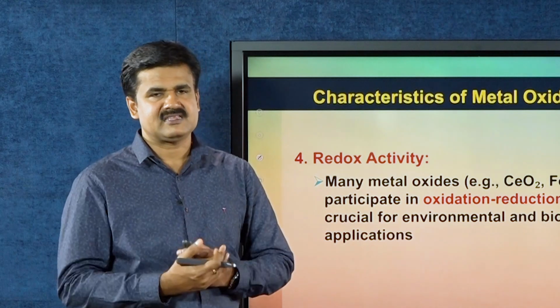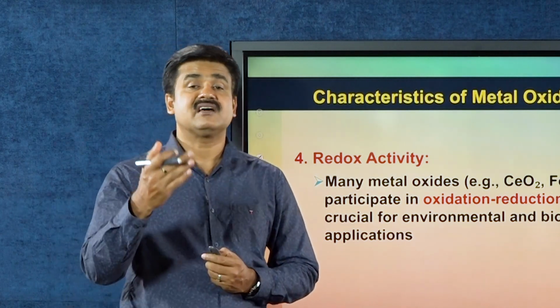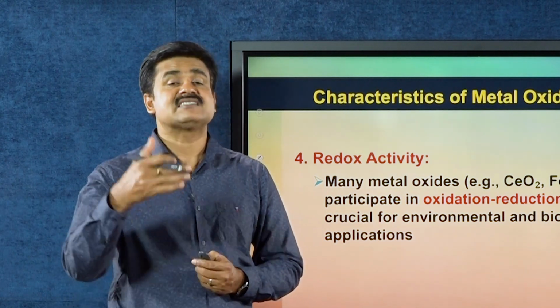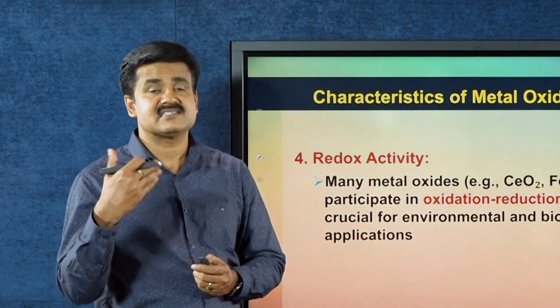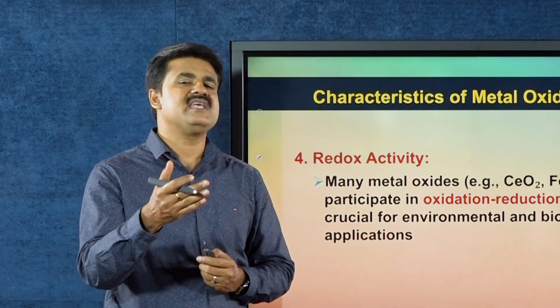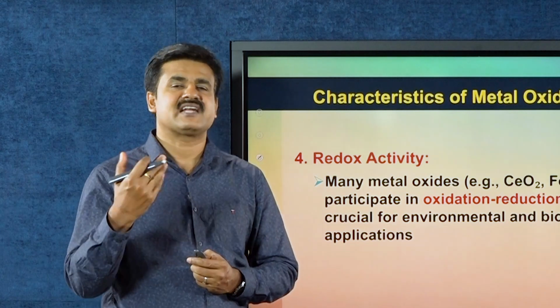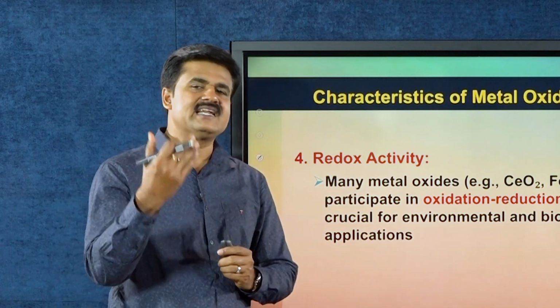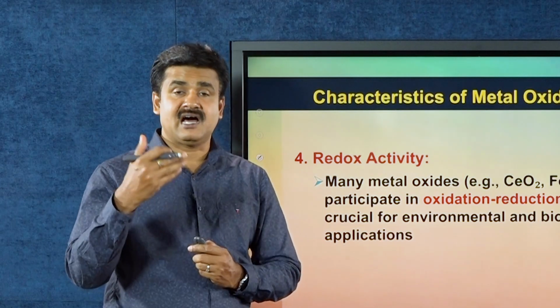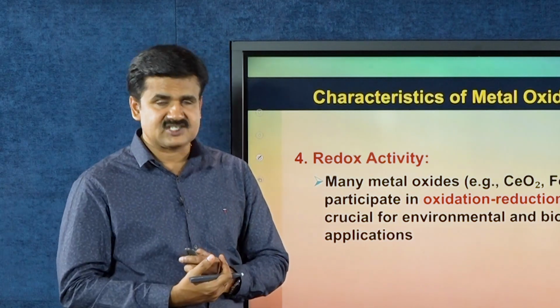You are familiar with the redox reactions. What are redox reactions? These are the reactions where oxidation and reduction happen simultaneously. There must be an oxidizing agent as well as a reducing agent in such a redox reaction. In metal oxide nanoparticles, the metal is present in positive oxidation state.